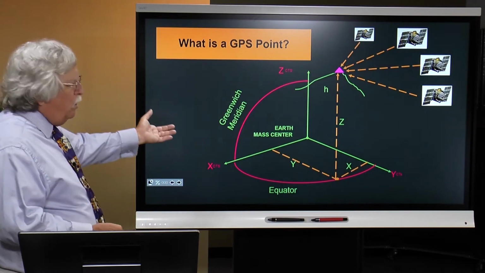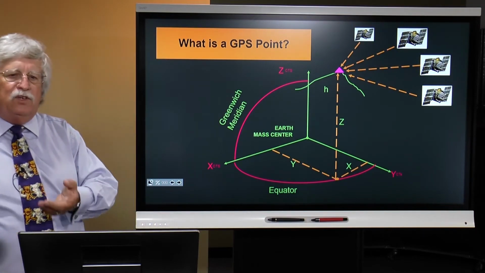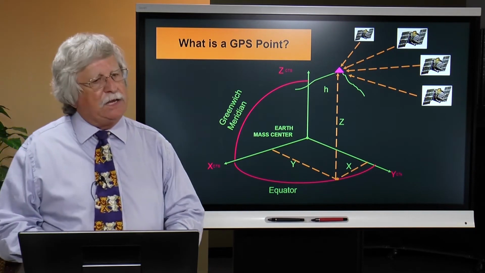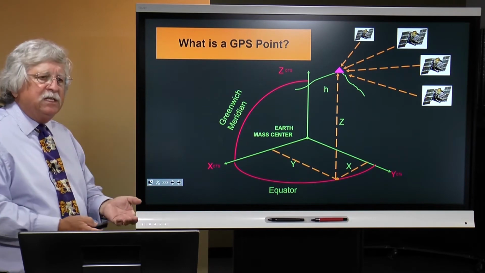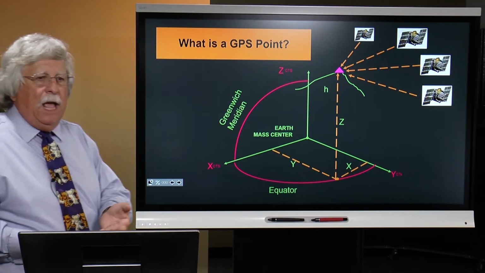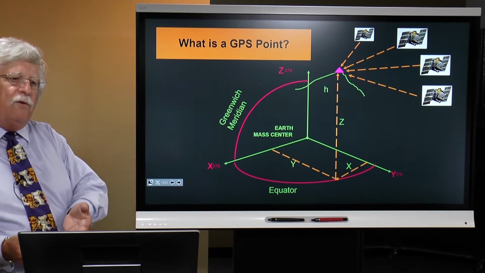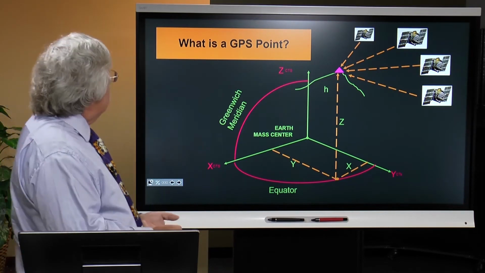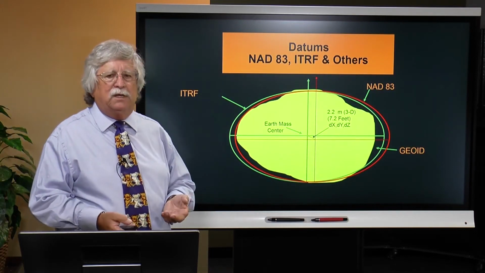Our global coordinate systems. You're using a global positioning technology, yet in many cases you might want to actually portray it in something that's more two-dimensional and very, very localized. So what are the procedures you want to follow to understand that? Understanding the geodetic datums that are associated with it.